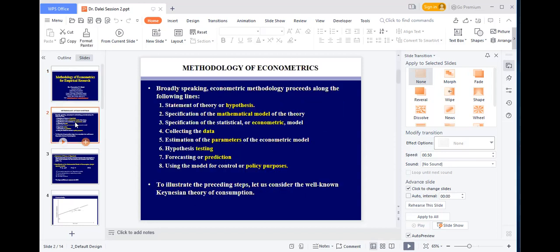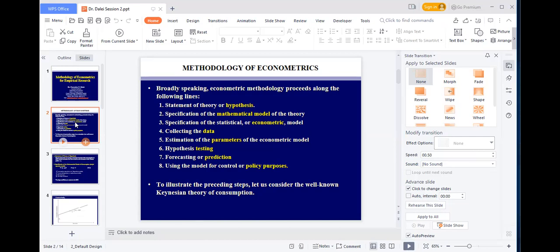Whatever inference you get from the theory, you will try to draw the same inference from the data. Simply collect the data and do your research. This is how we conduct any kind of empirical research.